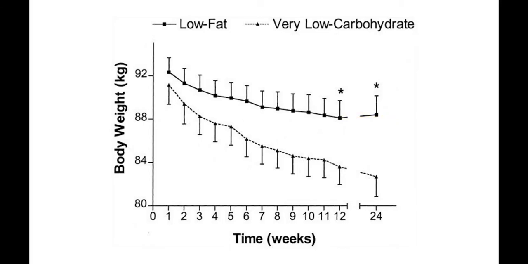Because the body tries to save energy, and what it is doing, it is reducing the metabolism, slowing down metabolism. It is forced to produce glucose from proteins, from muscles. So as we are losing weight, we are losing mostly muscles, not the fat, in this low caloric diet.